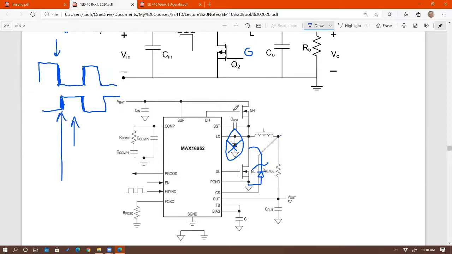The two MOSFETs are not on. The two MOSFETs are off. If that's the case, what do you do with L, right? It's going to get mad if its current is being interrupted and it doesn't have any path. How does it show that it's going to get mad? You're going to get a spike right there and blow this MOSFET to non-existence.